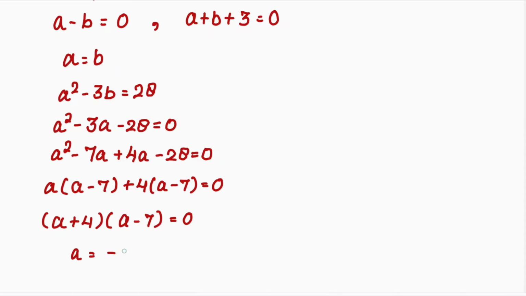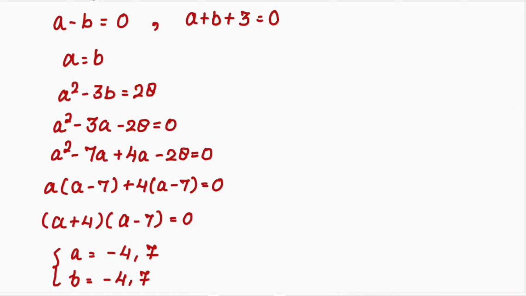A comes out to be minus 4 and 7, and correspondingly as A is equal to B, B is also minus 4 and 7. So these become two roots for A and B.